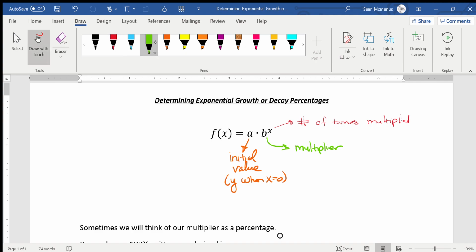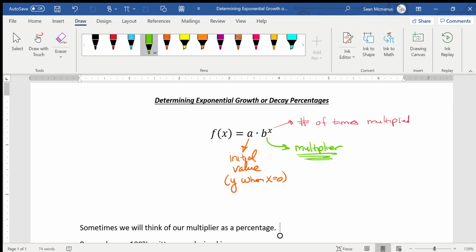I want to take a second, and we saw it just for a second in the last video yesterday, to examine the multiplier a little bit, because if we think about multiplication, what happens if I multiply something by 1? We teach this in elementary school, right?